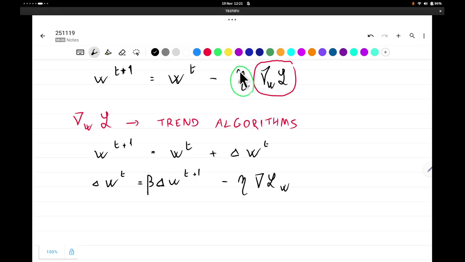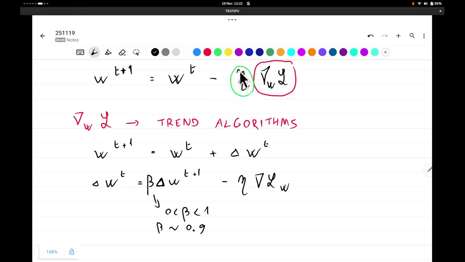So I use a fraction, so this thing is between 0 and 1. A typical value, just to fix the ideas, would be say 0.9.